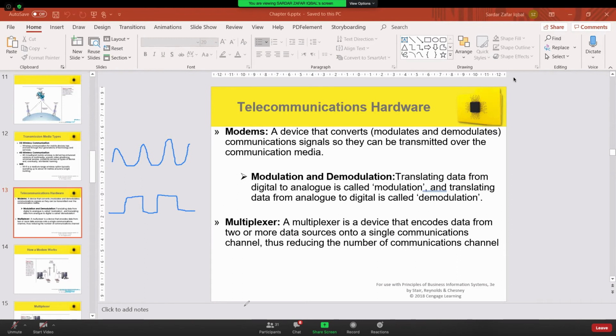So these are two different forms. Have you ever seen these things? This is called the pulse.